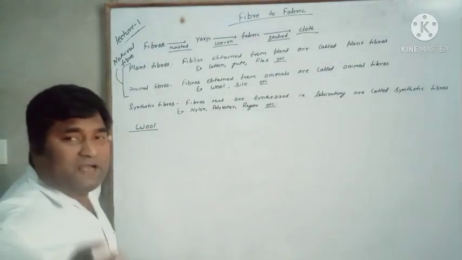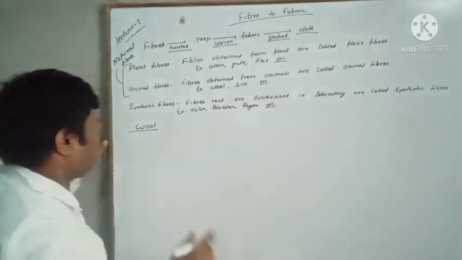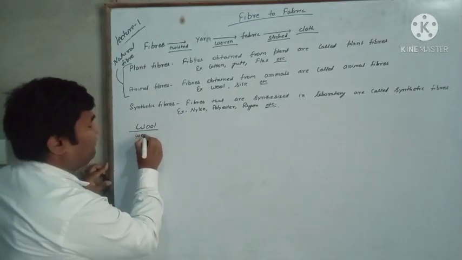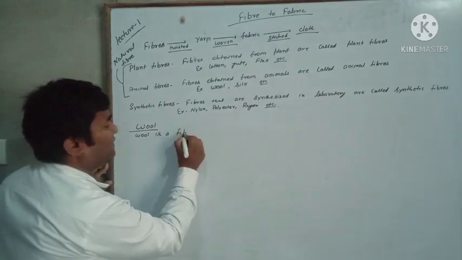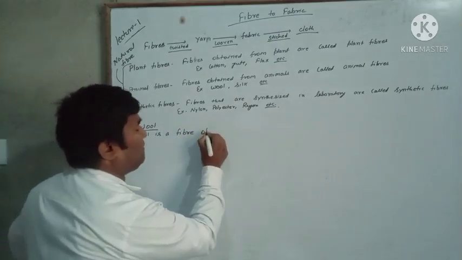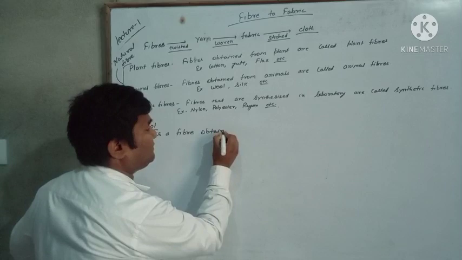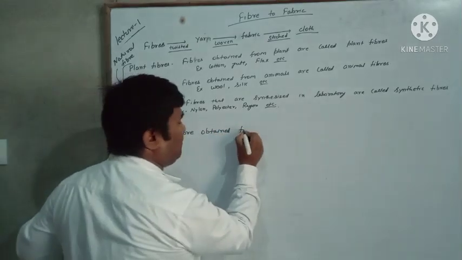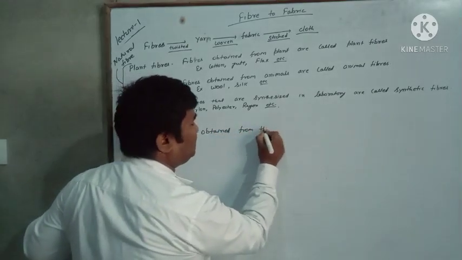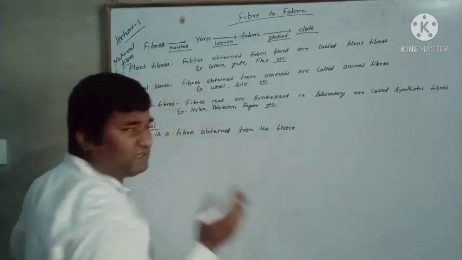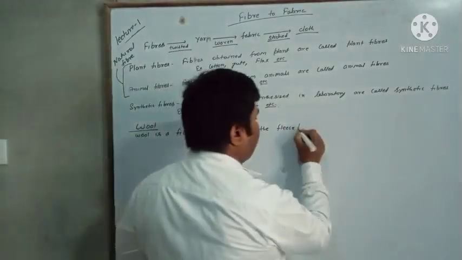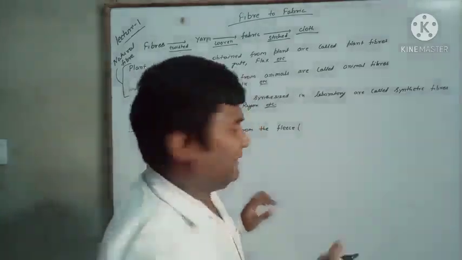Wool is a fiber obtained from the fleece. Fleece means hair, the skin hair.